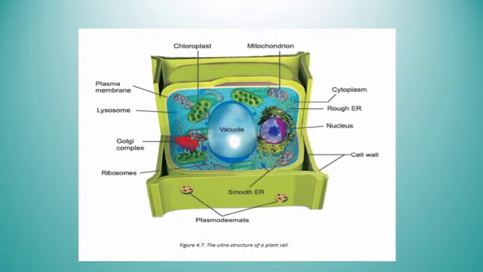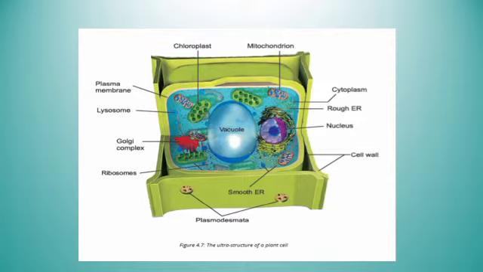Now you can see the ultrastructure of a plant cell, and this picture is taken from your textbook. आप इस पिक्चर के अंदर देख सकते हैं that it is a true depiction of cell is an assemblage of organelles. हमारे बुक के अंदर एक लाइन है कि सेल जो है वो ऑर्गेनल्स का असेंबलेज है, मतलब कि सेल के अंदर सारे ऑर्गेनल्स असेंबल होते हैं, ऑर्गेनाइज्ड होते हैं, जो कि सेल को हेल्प करते हैं टू परफॉर्म इट्स स्पेसिफिक फंक्शन.